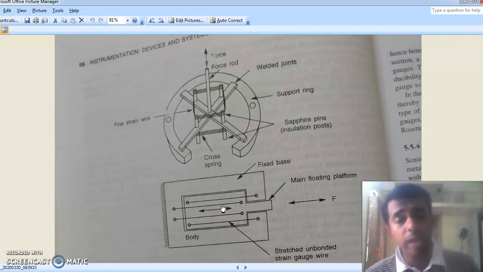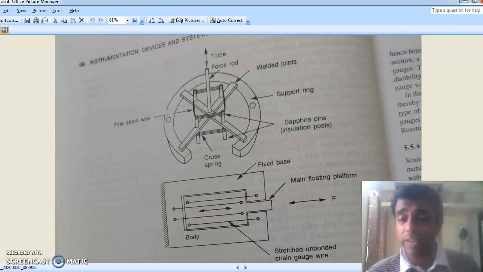And if we move from right to left, one pair of wires will contract and the other pair will elongate. So this is what is called the unbonded type, because the wires are directly connected to the specimen. There is no intermediary backing material between the wires and the specimen.